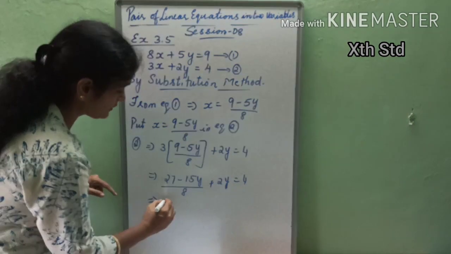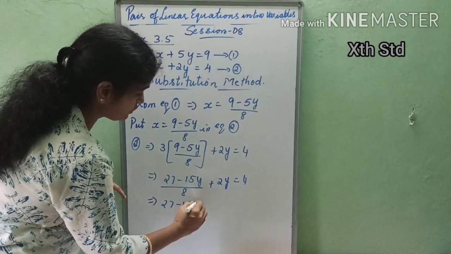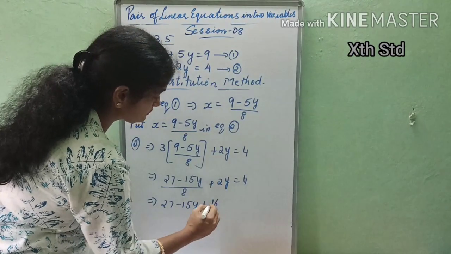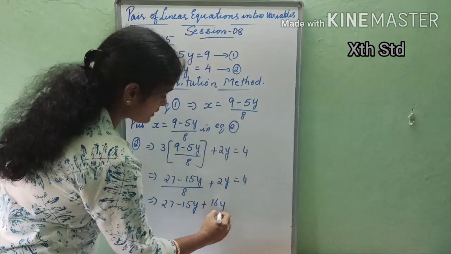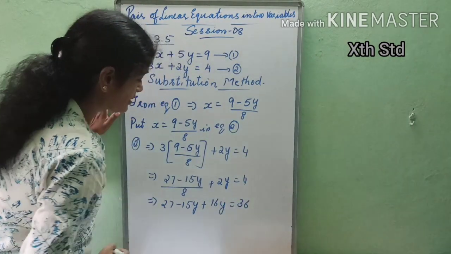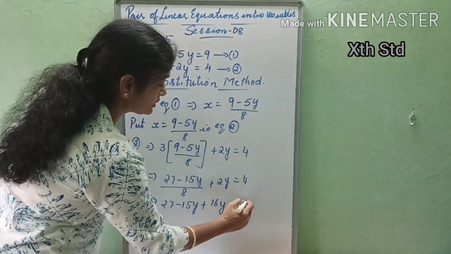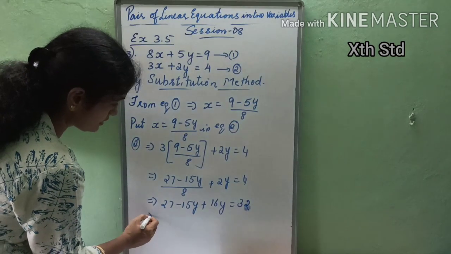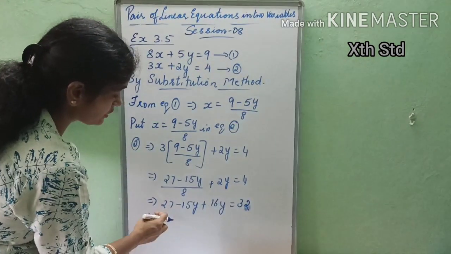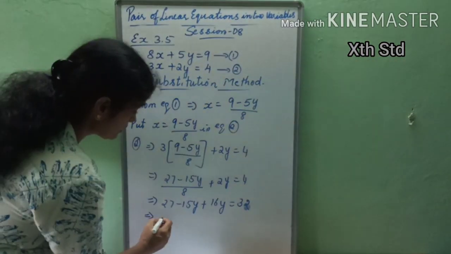So take the LCM. 27 minus 15y plus 16y is equal to 32, right? Then when you are bringing this 32 to the other side, it is minus.